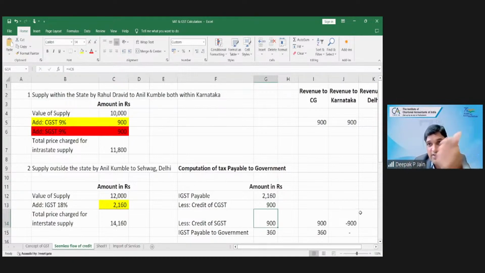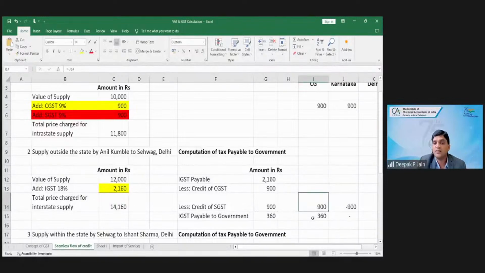So the IGST system will take back 900 rupees from the Karnataka government, and it will pay it to the central government. Okay. And this 360 I'm paying by cash, this will directly go to the central government. Remember, CGST and IGST both go to the central government.